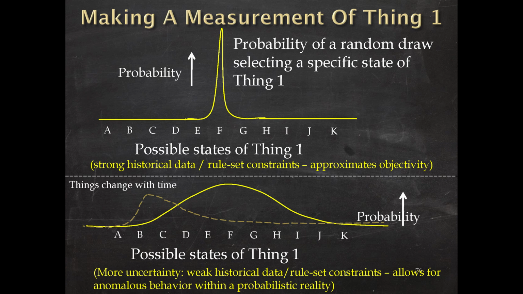So you can start with this kind of a peak over an F, and then just because of something that happens, you may end up with a peak like that over an I or a J. It could change. Or this may shift from here to something over here, where now these become not so probable, and something here around C becomes a lot more probable.